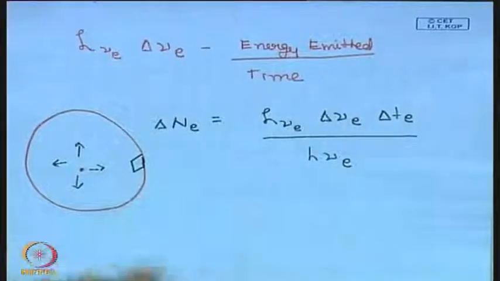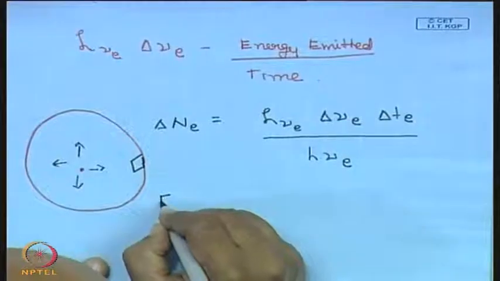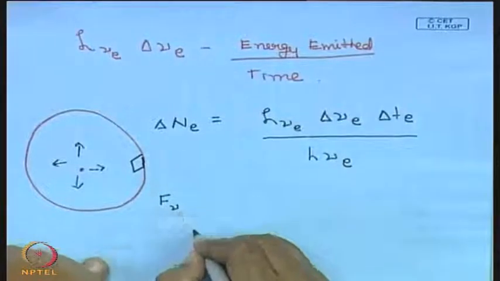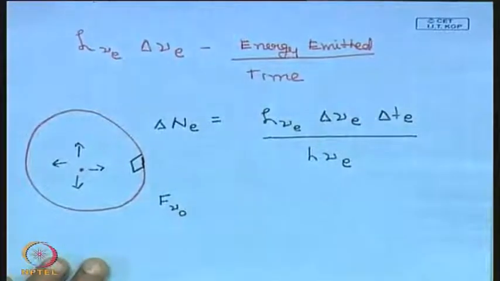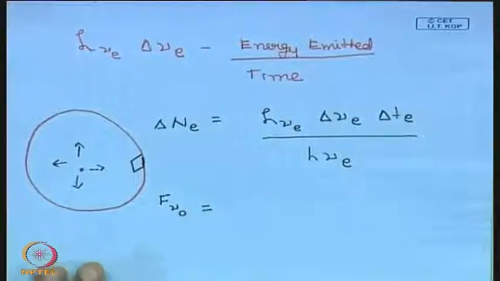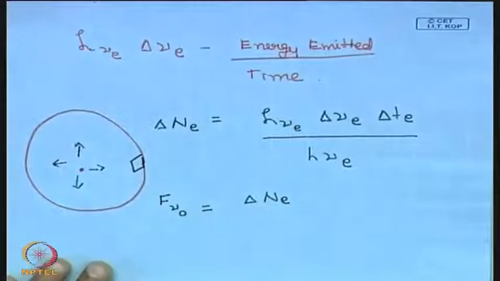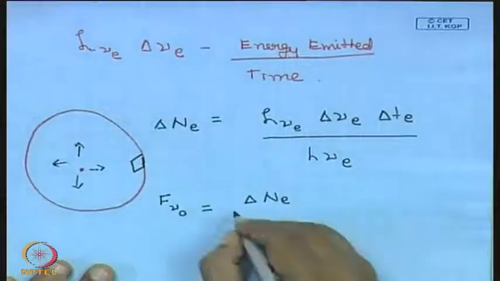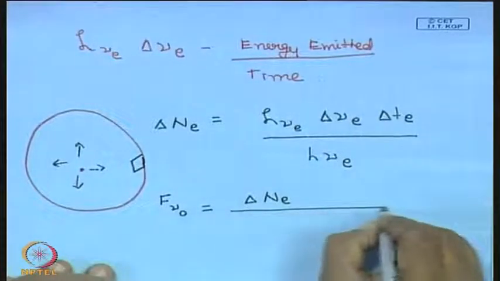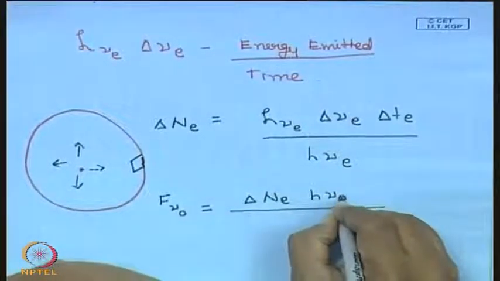So, the same number of photons will be received over here, and to determine the flux at the observer, I have to multiply delta n emitted with the energy of each photon.